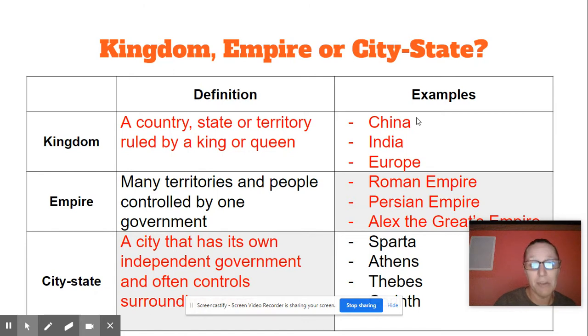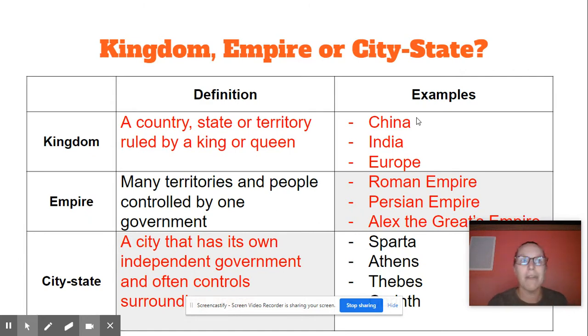All right, the next one is an empire. So I always think of a kingdom as smaller than an empire. An empire is made when you take over other kingdoms. An empire is many territories and people controlled by one government. So this would be like if Cinderella and Prince Charming went ahead and took over Snow White's kingdom, that would make them an empire.